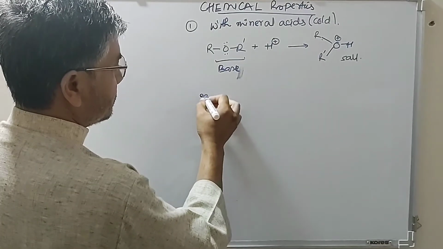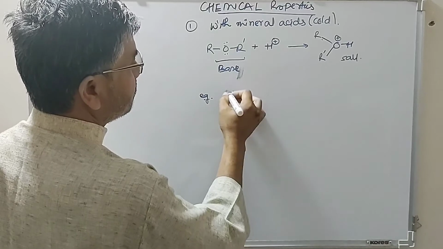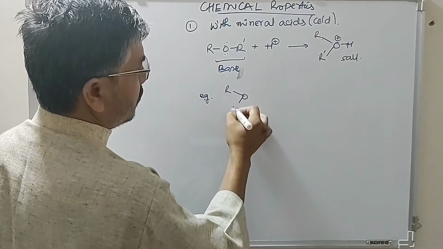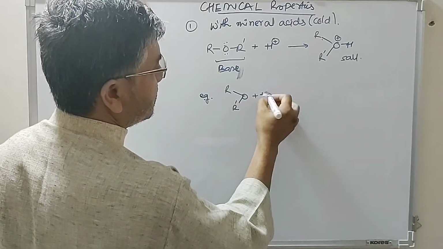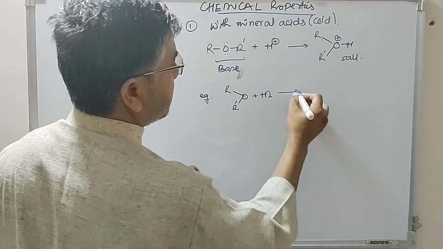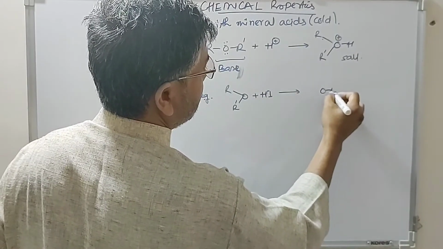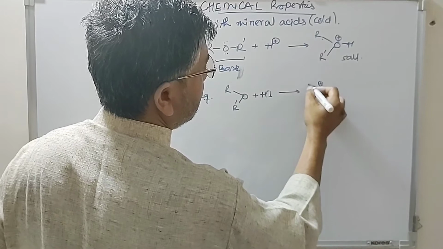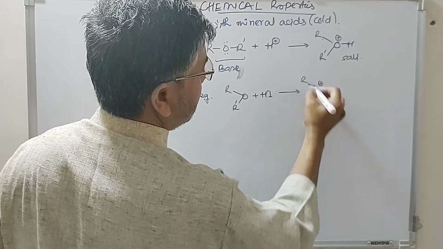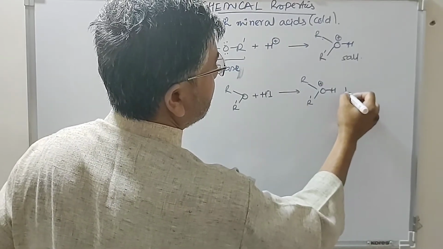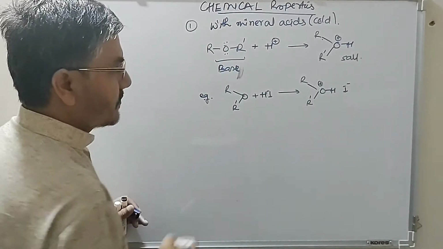Take this example. ROR prime reacts with HI, then this gives you the salt with I minus.